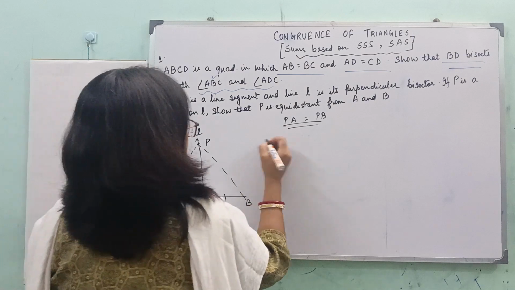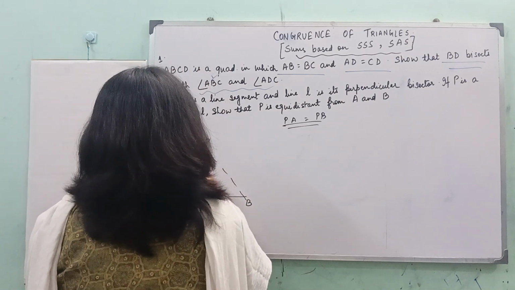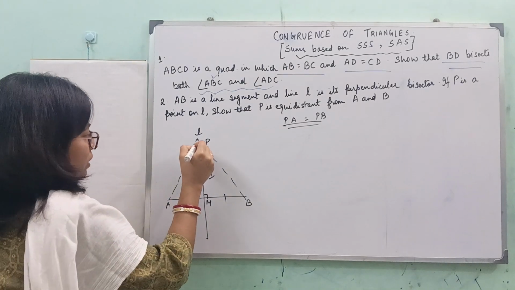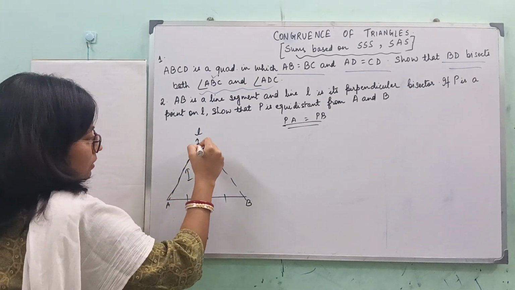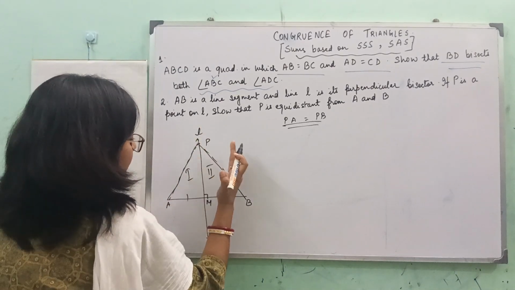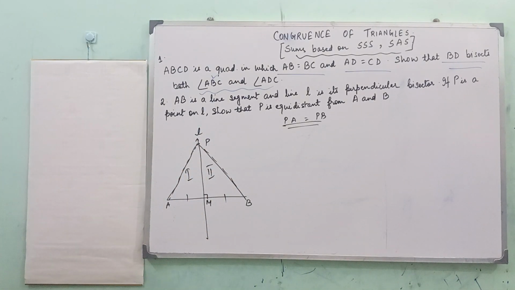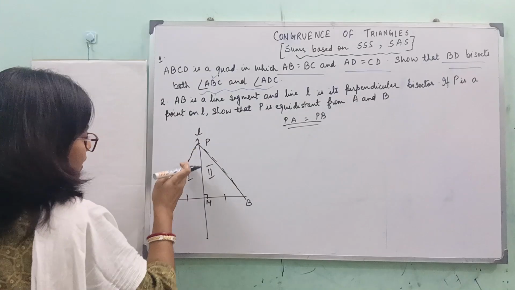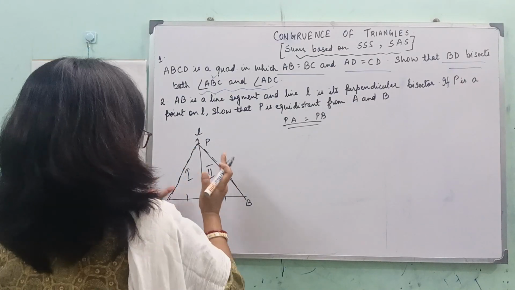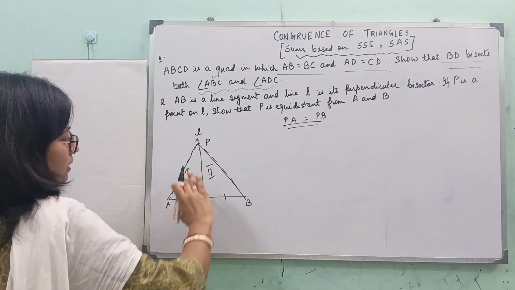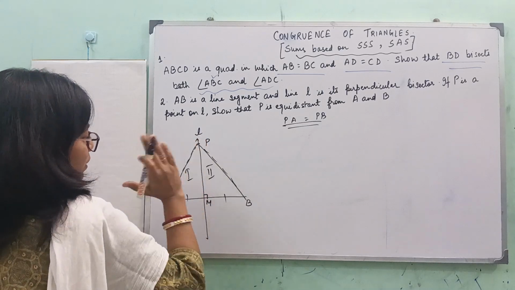If I consider the triangles 1 and 2, these are the two triangles that have been formed. If I fold the second triangle on the first, what you can observe is that this side and this side will overlap each other, and this one is common.